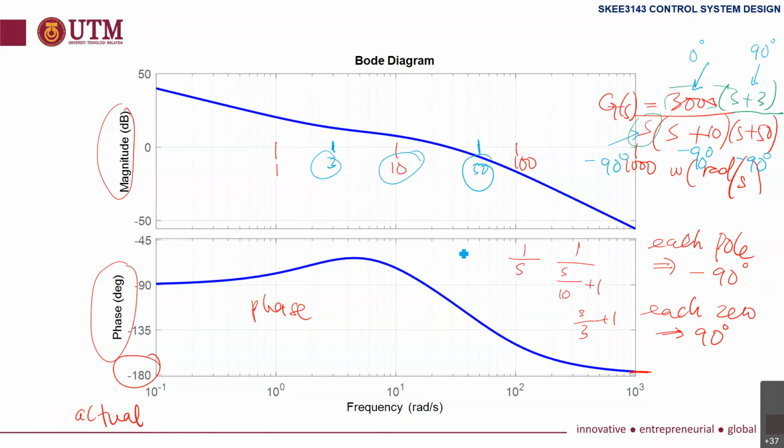So you can see the difference. You can see from here, it goes, then it changes the slope at 10, then changes again. So that means the slope is changing at the break frequency, as we did before. Also for the phase.